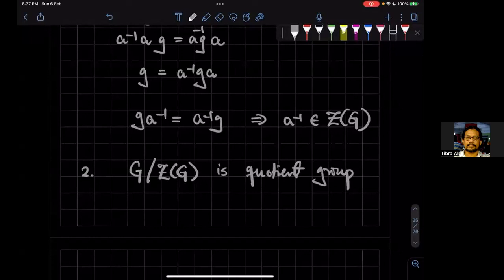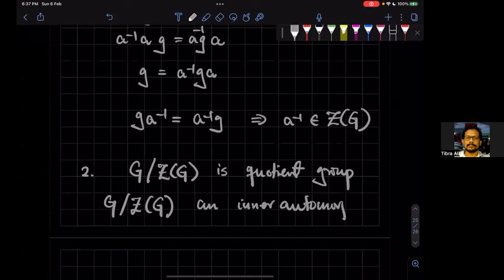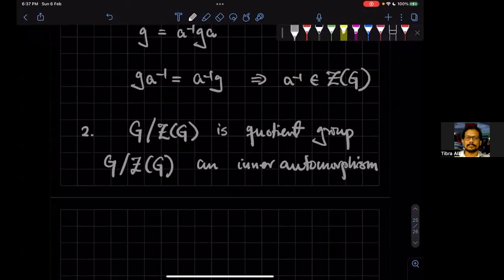It's a quotient group, and this has a name. It's called the inner automorphism group of G. Okay, so I think I'm going to stop here.